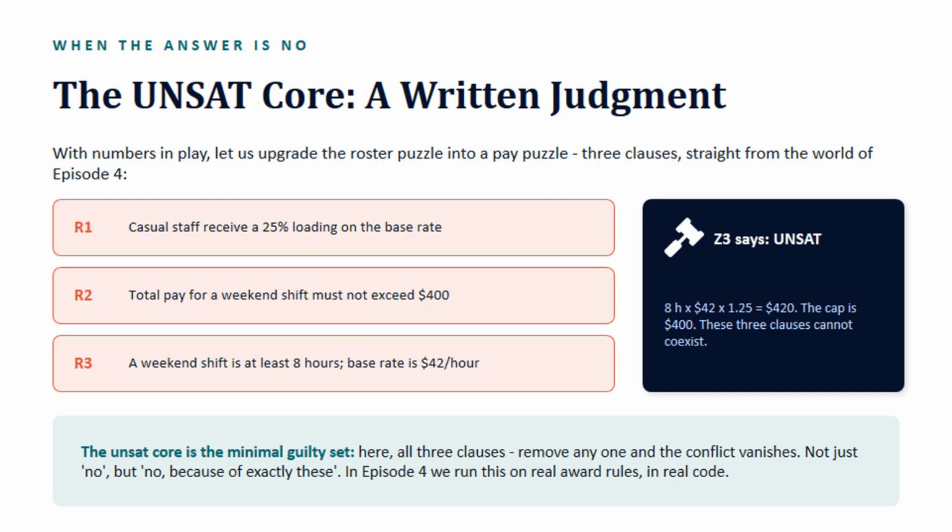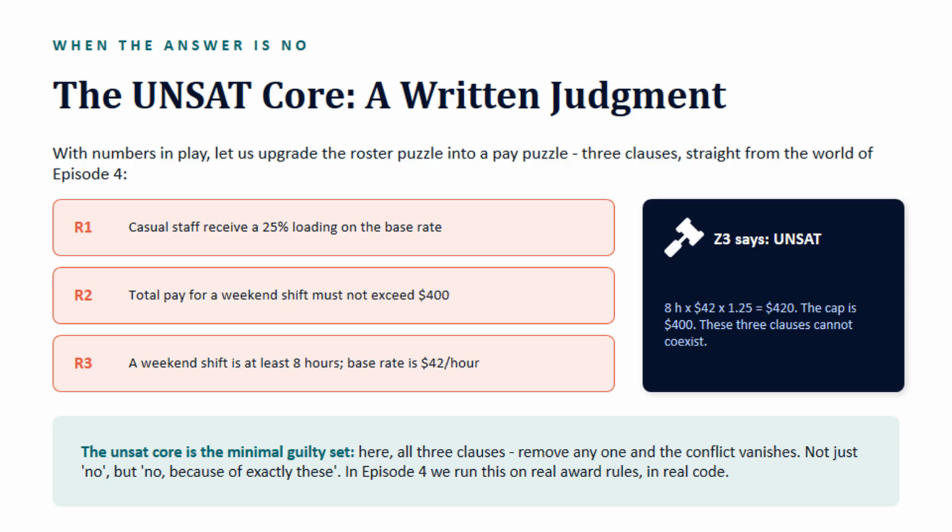Now we can upgrade our puzzle with numbers, and meet the idea that makes this whole series practical. 3 clauses, taken straight from the world we will enter properly in episode 4. Rule 1, casual staff receive a 25% loading on the base rate. Rule 2, total pay for a weekend shift must not exceed $400.